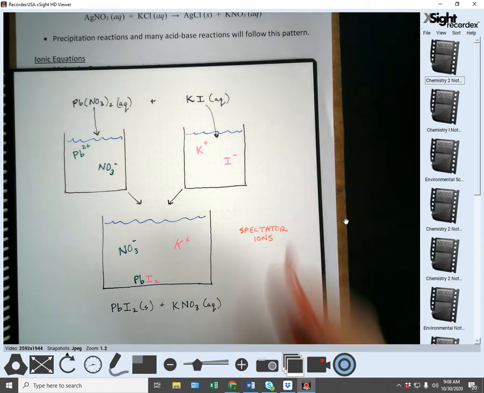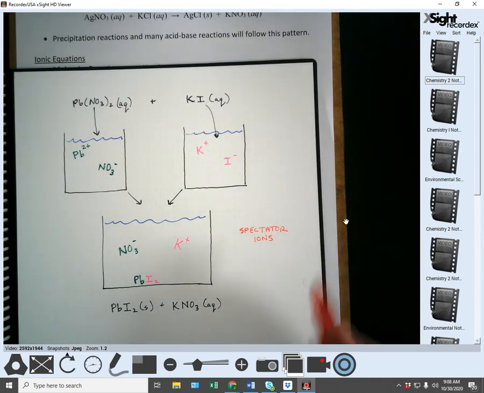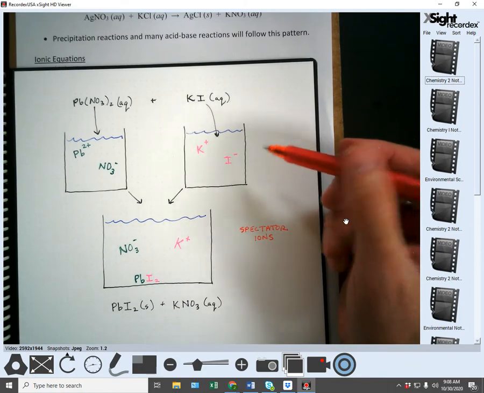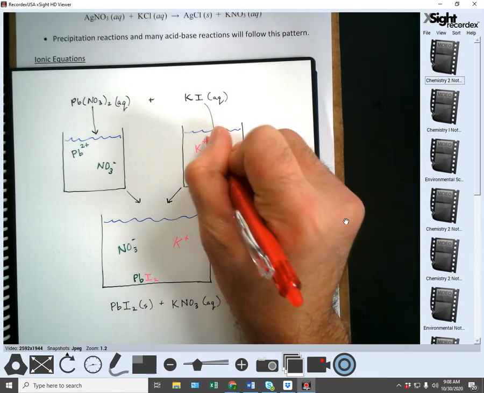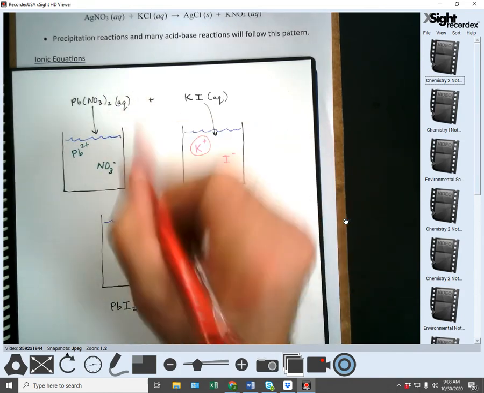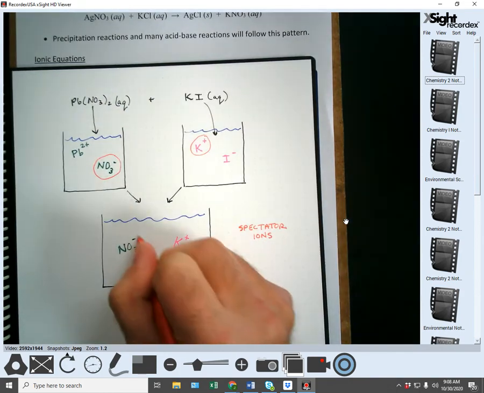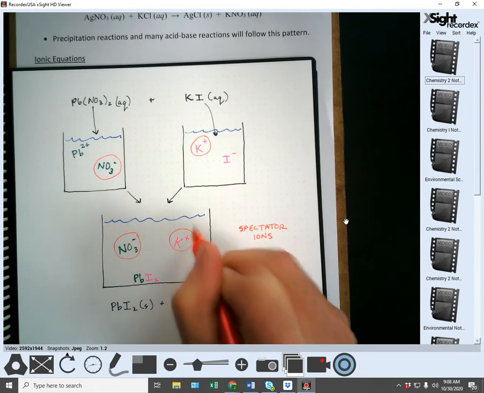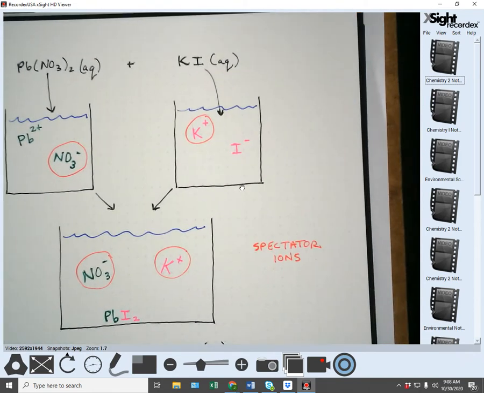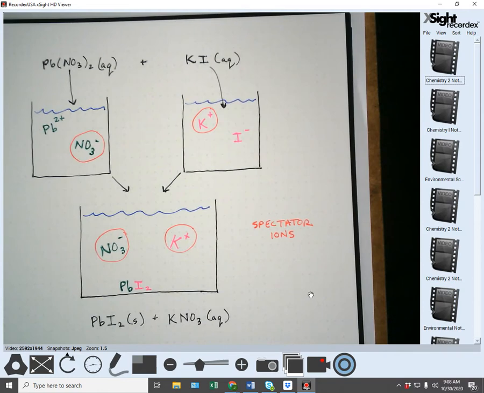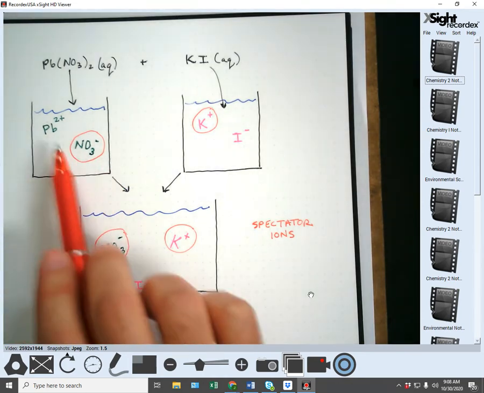Well, your spectator ions are things that aren't changing from before to after. So our spectator ions are the ones that were ionized before and they're ionized after. They didn't really change. The only things that were actually doing anything were the Pb, the lead, and the iodine.